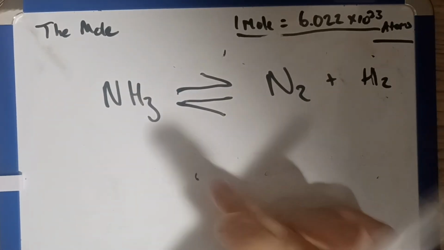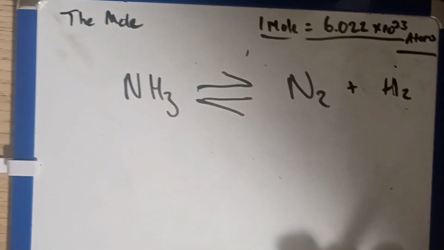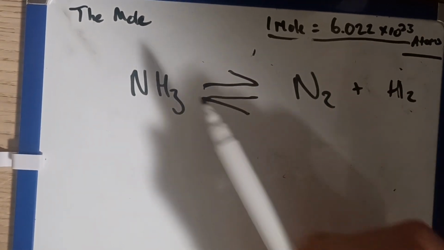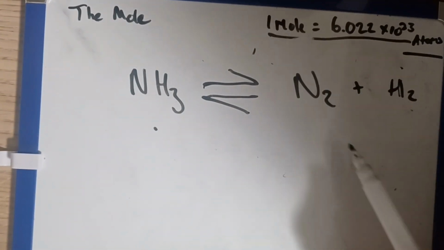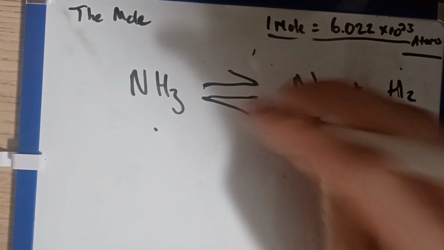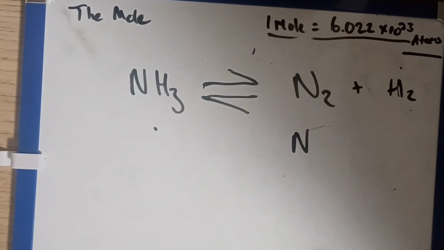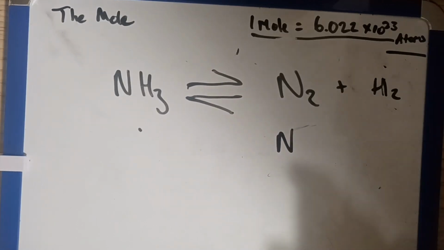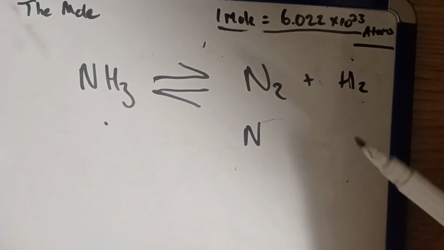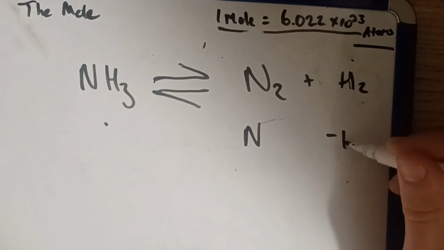As you can see, we have a problem, because if we find the moles of this and the moles of this, we're going to have an extra nitrogen left over on our reactant side, if you want to call it that, and we have a missing hydrogen.